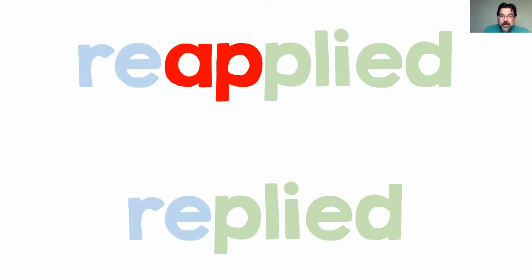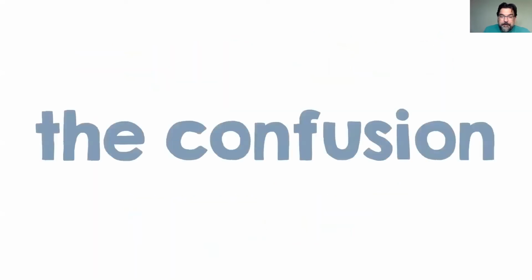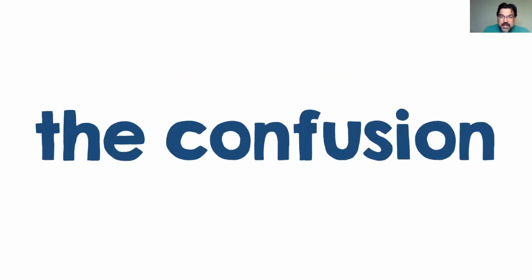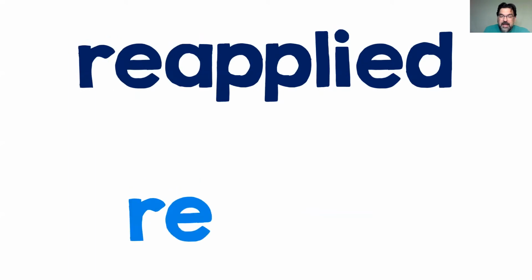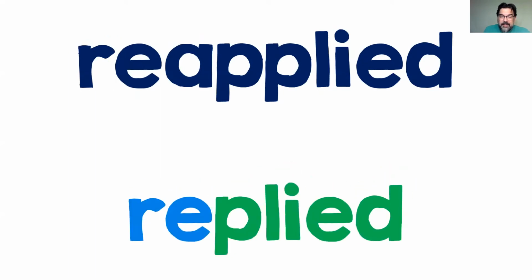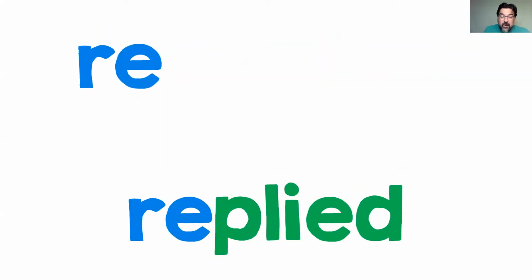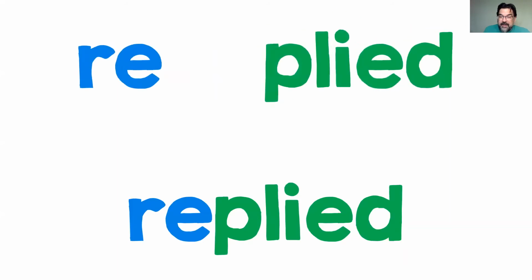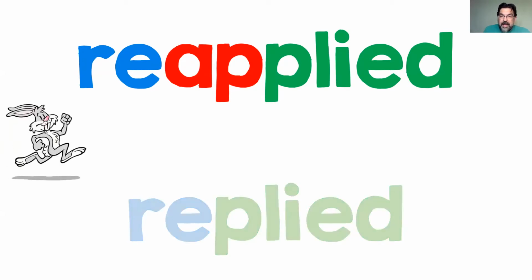See it? Right, we're going to take a look at that real quick because there's confusion here. How might the hare confuse reapplied with replied? Well, let's see. Reapplied has the RE, it has the plied. Like I just mentioned, the difference is the AP, the app, that syllable app. But what might the hare see when he rushes through reapplied?